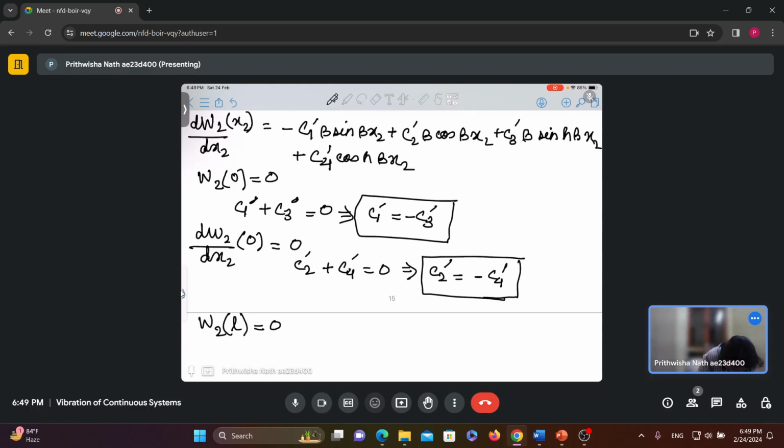So this will become C1 prime cos beta L plus C2 prime sin beta L plus C3 prime cos hyperbolic beta L plus C4 prime sin hyperbolic beta L.